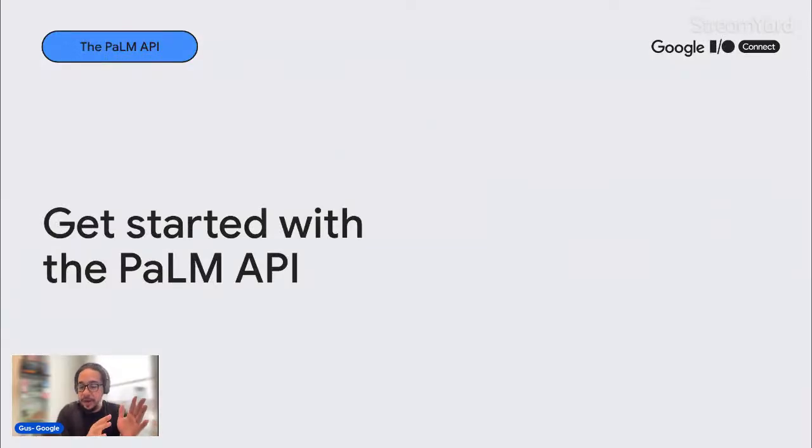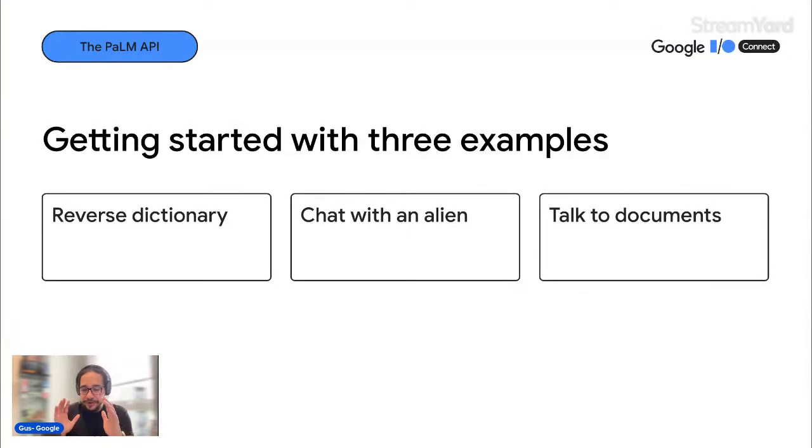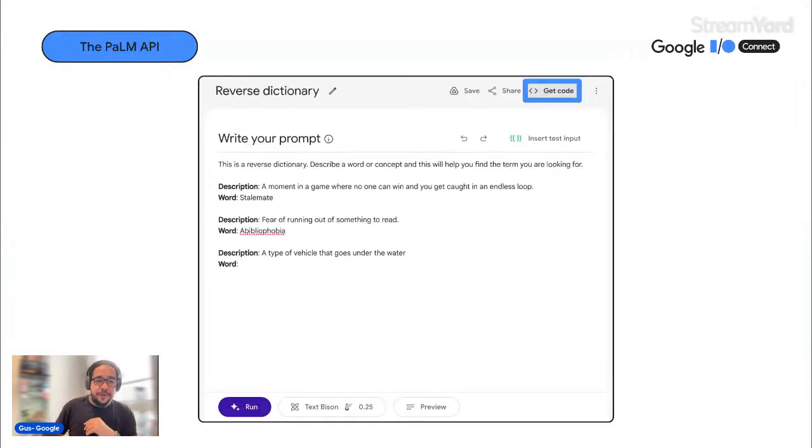Now that we know how MakerSuite works, let's take a look at how to use that in code, right? So we are going to go over 3 examples, which are reverse dictionary, chat, of course, with an alien, and talking to the documents. So we are going to show how to build these kinds of examples using the PaLM API, then you can do whatever you want with that. Here, for example, I'm showing how you would do the reverse dictionary on MakerSuite.